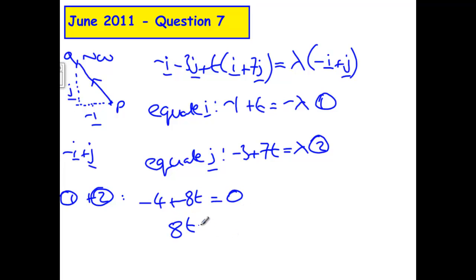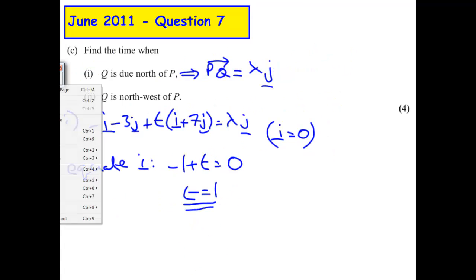And rearranging this tells me that 8t is equal to 4, so t is a half. So when t is equal to a half, the vector PQ is parallel to minus i plus j. And that is the vector that is needed for Q to be northwest of P.